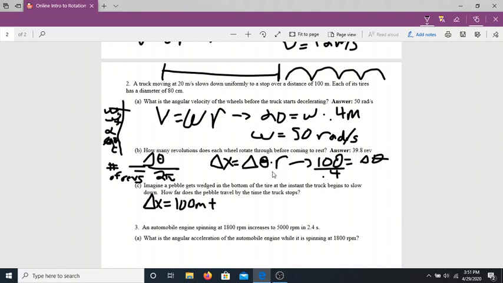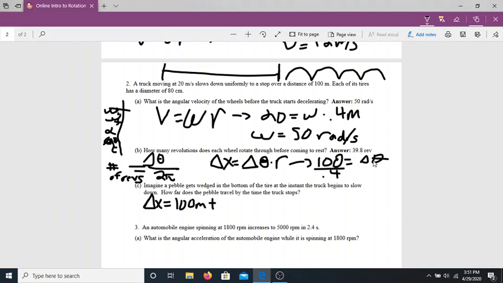We can say to ourselves, oh, I know that the truck moved to the right 100 meters, so the pebble must have moved to the right 100 meters. I also know that from what I calculated in part B, the pebble turned 39.8 revolutions. That's the amount of times it went around the circle as it was going that way.